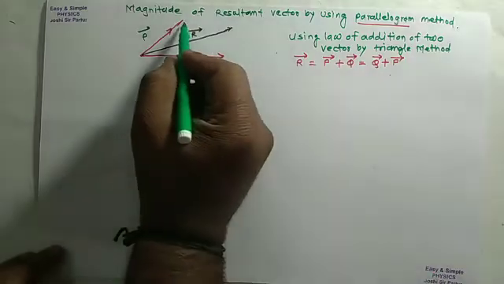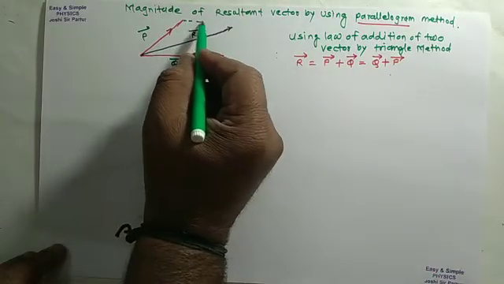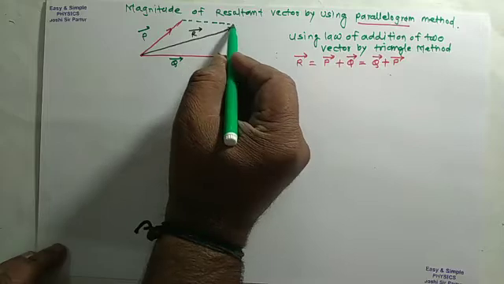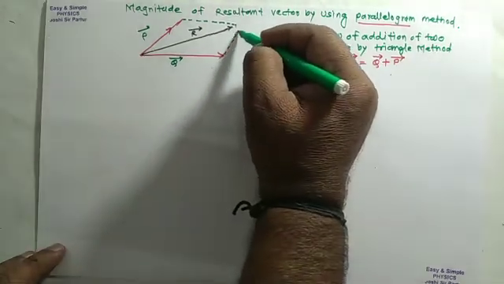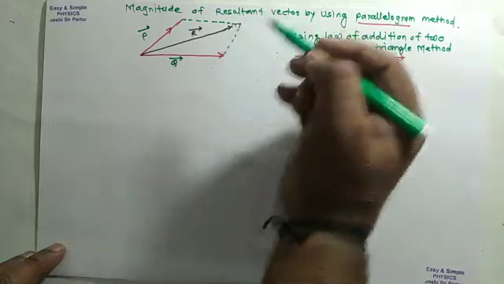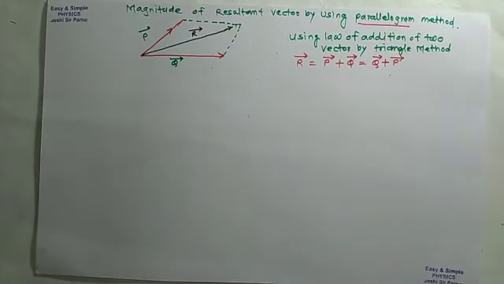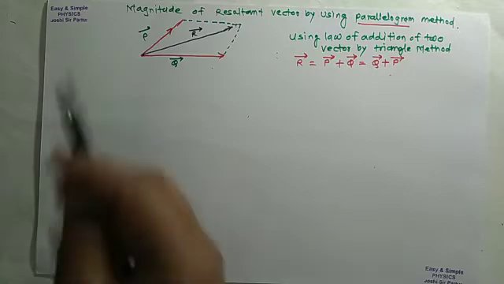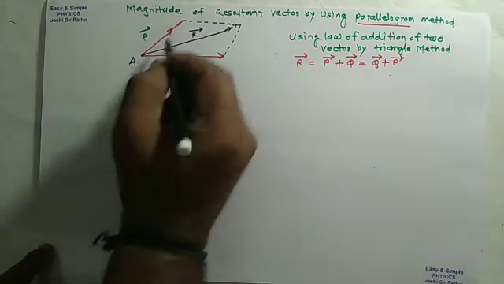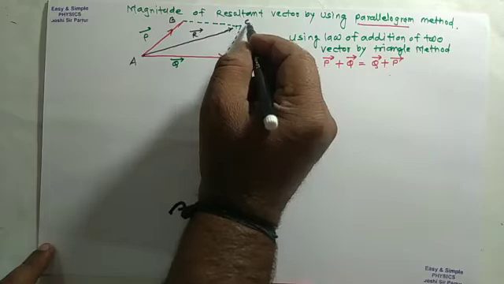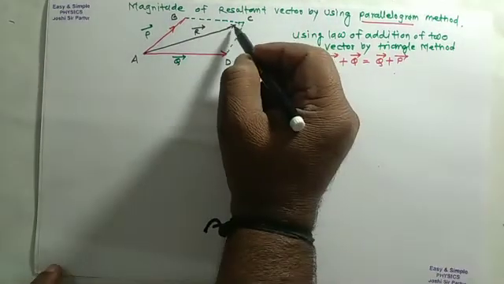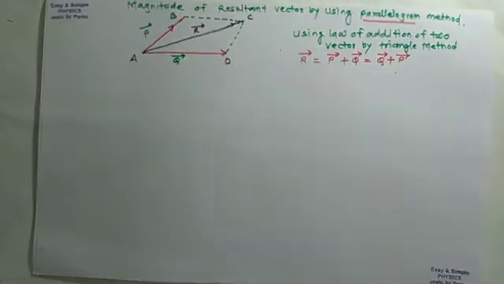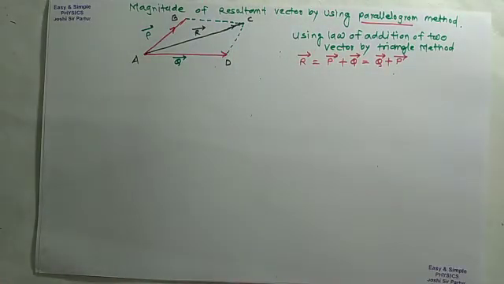So this can be possible by joining the two sides to form a parallelogram. Here the name of the parallelogram will be ABCD, having the two vectors as adjacent sides.